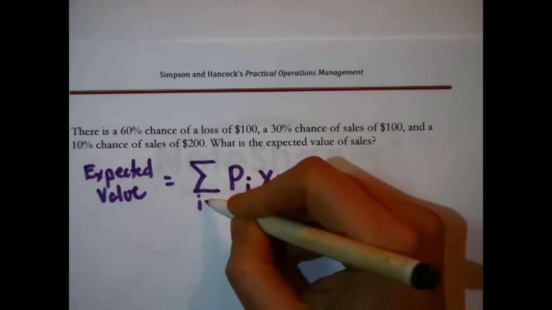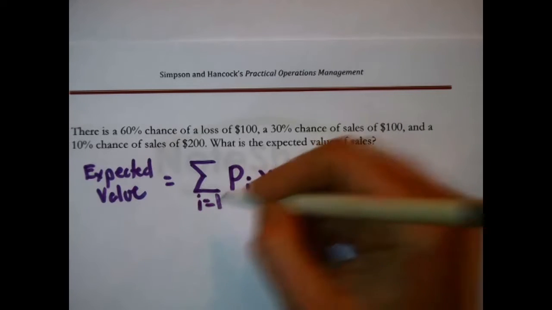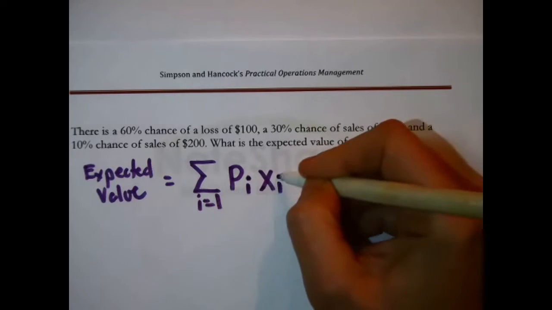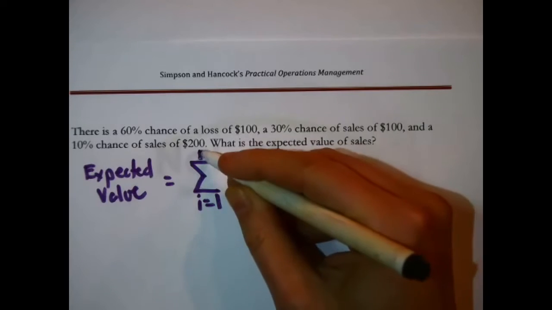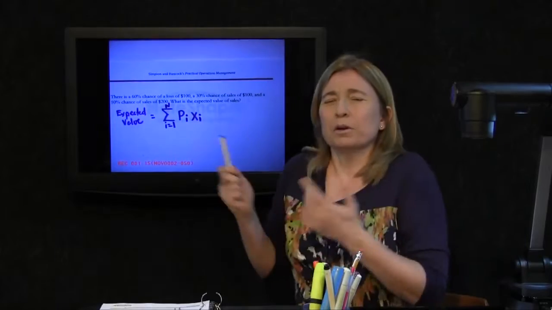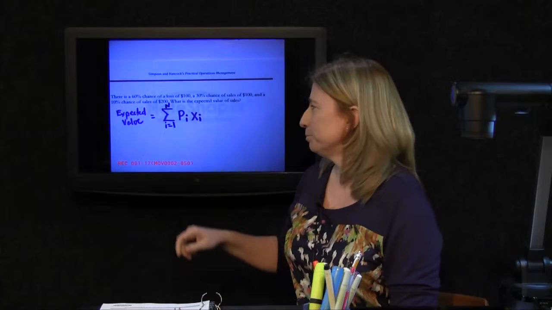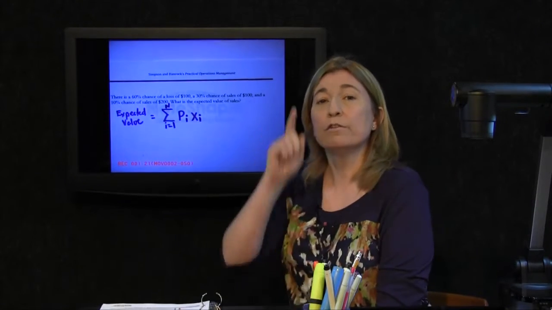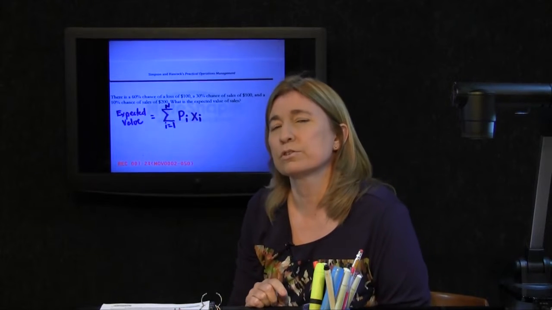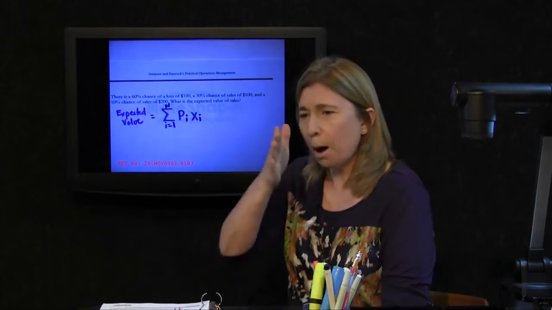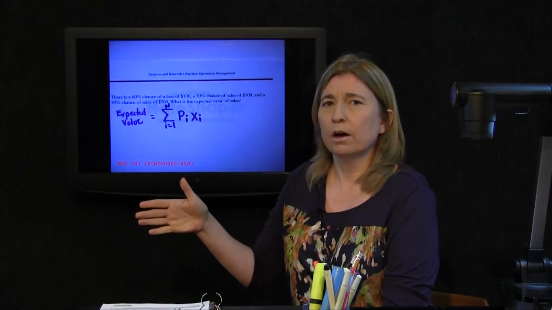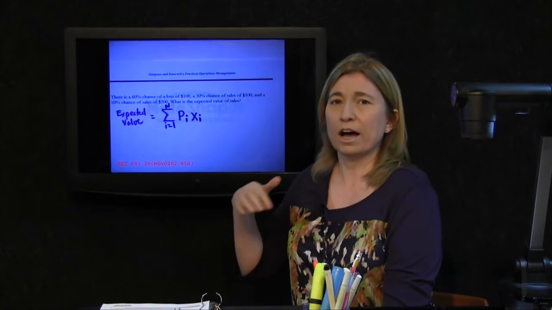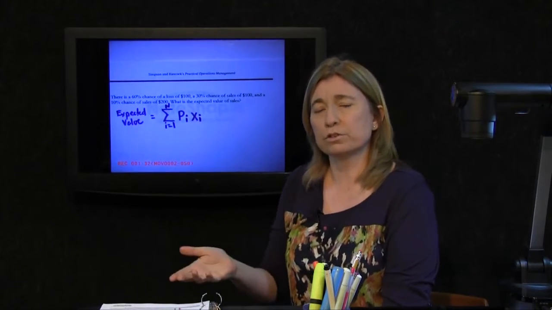And speaking of being formal, these i's are index numbers, 1, 2, let's say capital N. Now, what's that formula supposed to mean? This is implying capital N, that there are N future states of nature. That's good terminology, these possibilities. The x here is the actual value of each of the future states of nature.